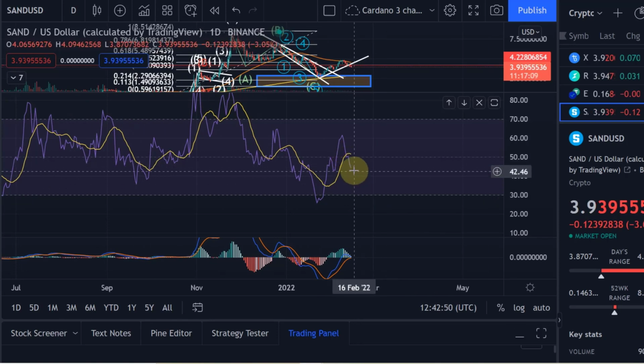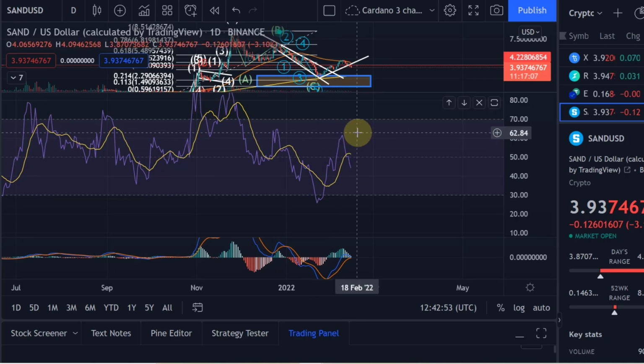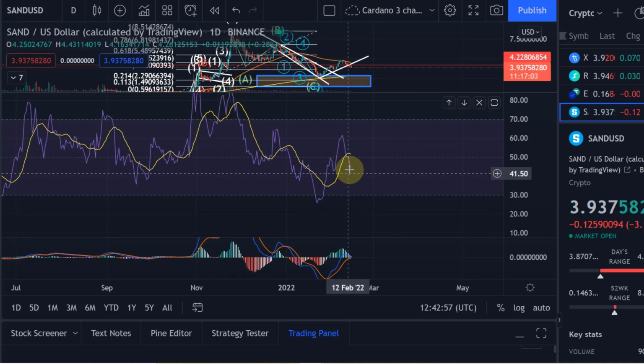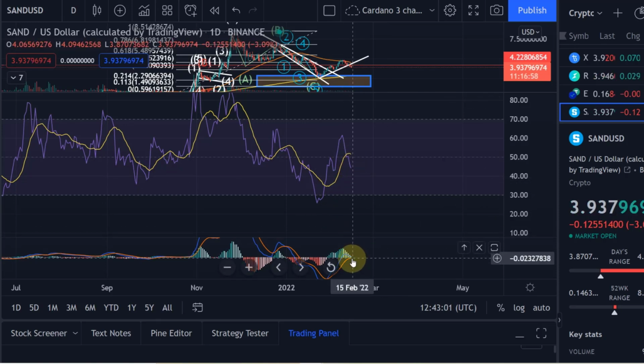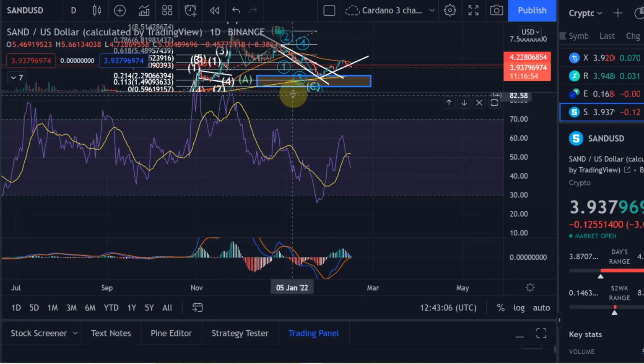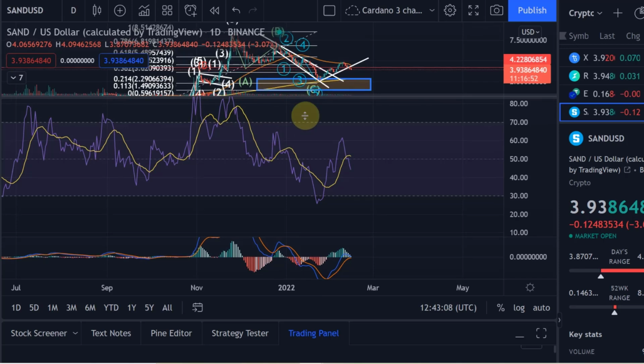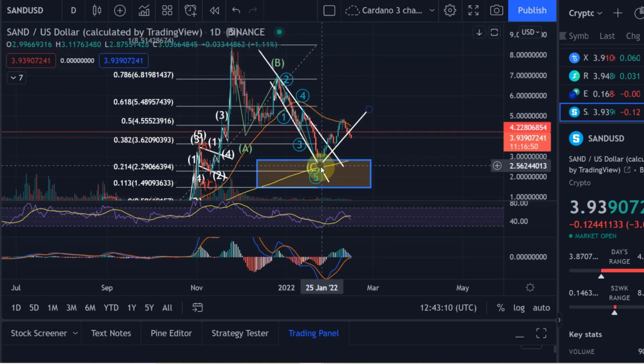So you haven't held above the 50 line of the RSI, which tells me that more of a correction could be coming. And also the MACD on the daily is currently pointing to the downside, and possibly we're getting a bearish crossover. So yeah, we need a bit more patience.